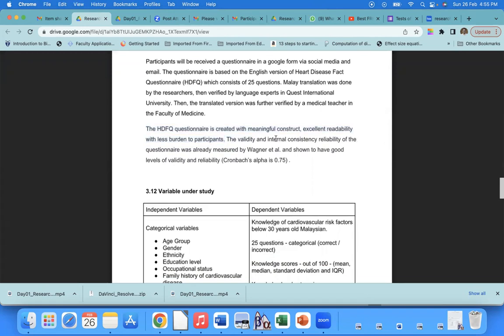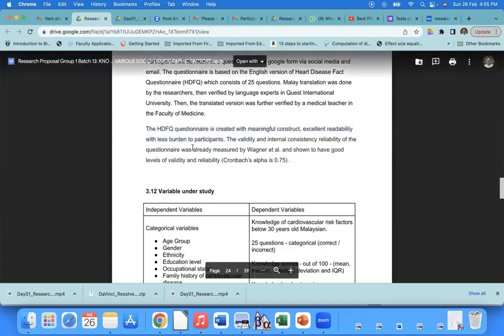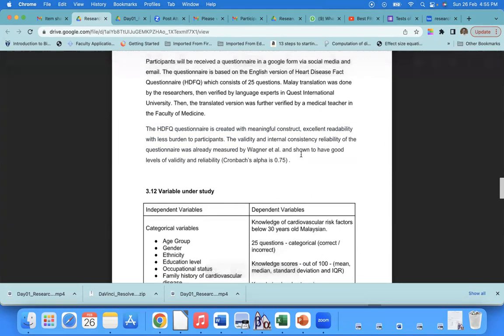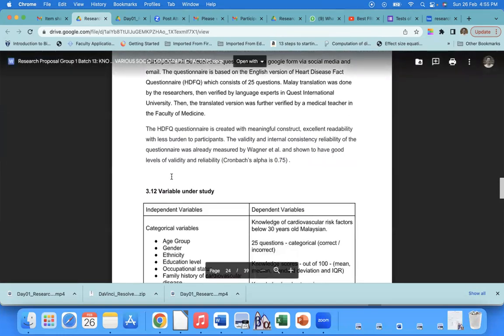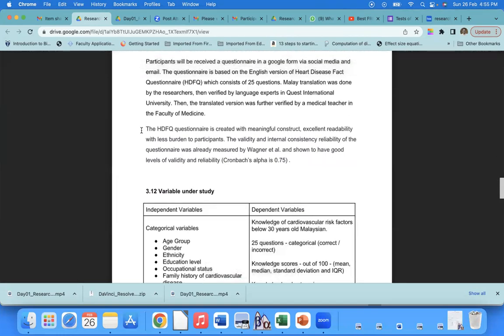The validity and internal consistency reliability were already measured and shown to have good levels of validity and reliability. Understood? So in that area we have to mention which questionnaire you used and how the validity and reliability of the questionnaire were, which you can get from the previous study.